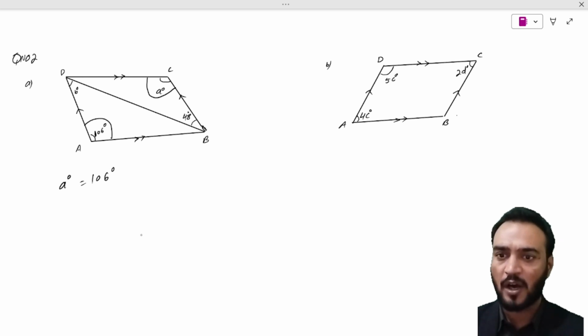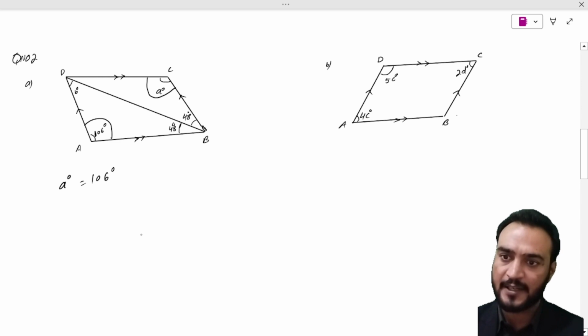As in a parallelogram, the internal angles are bisected by the diagonals. So you can see the diagonal BD actually bisects the angle at point B. So this angle is also equal to 48 degrees.